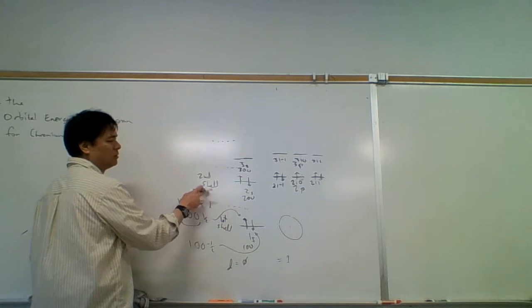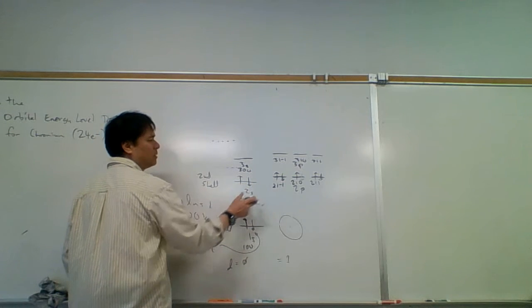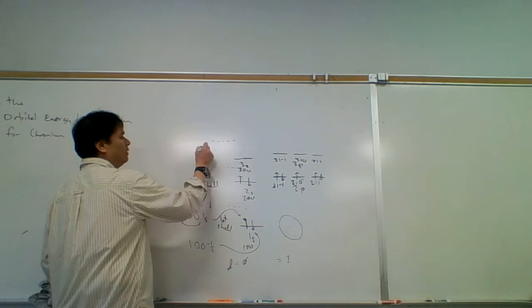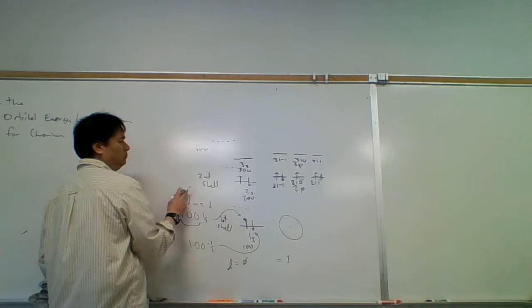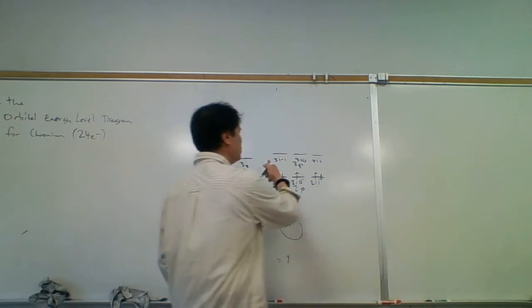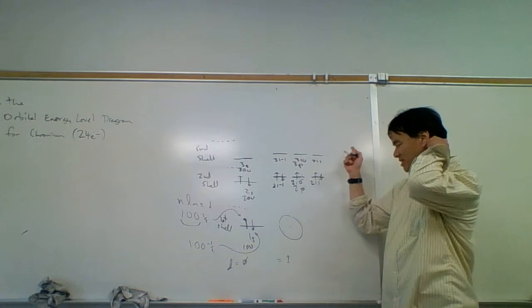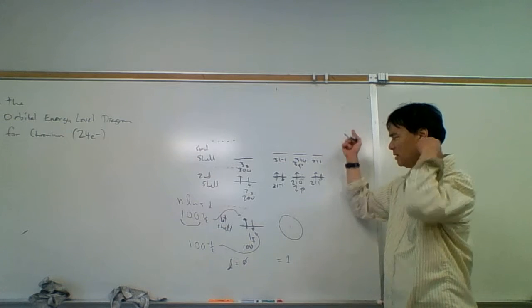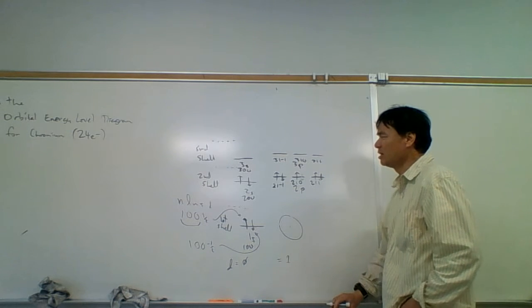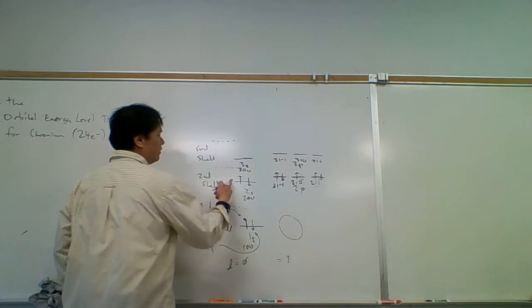People call these levels too. The second level has two sublevels, the 2S sublevel and the 2P sublevel. The third level, or the third shell, has two subshells. You know, the third energy level actually has three sublevels, but the 3D gets popped up here. And so the jargon's kind of confusing. But anyway, let's fill this up.